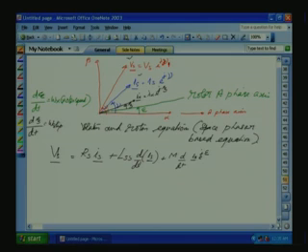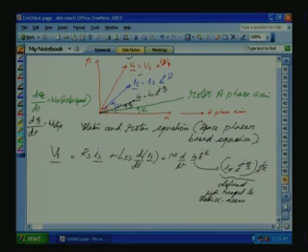So, what happens? We have to multiply it by e raised to j theta. This IR is equal to IR into e raised to j theta. We are multiplying with e raised to j theta so that this is defined with respect to the stator alpha axis. See how this is done.